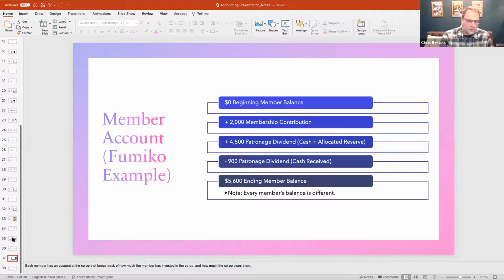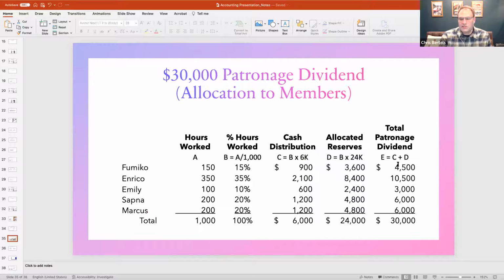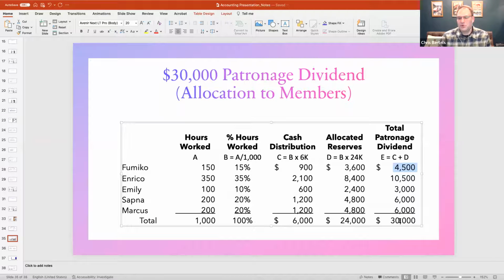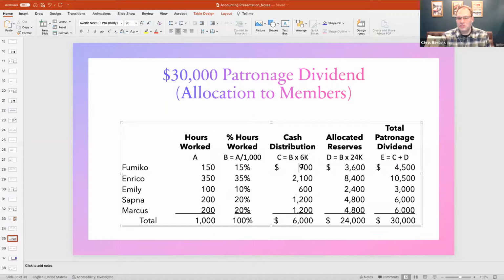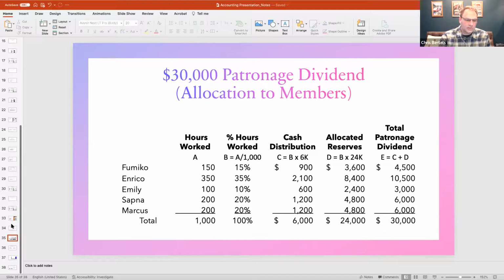Let's go back to this one. You can see the total she's getting is 4,500. That's 15% of the 30,000, her proportionate share. And then the $900 is the cash she got, so the co-op doesn't owe her that 900 since they paid it out. Okay, so that's where those numbers are coming from.